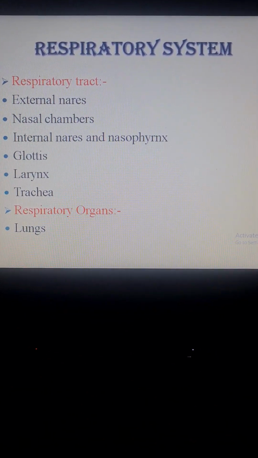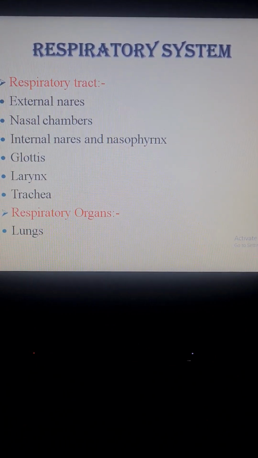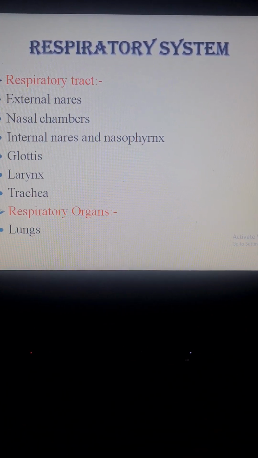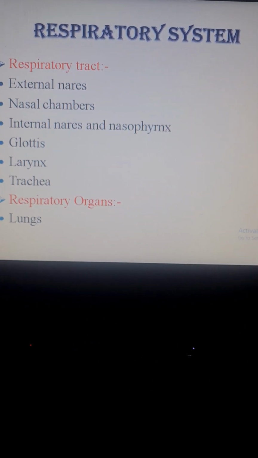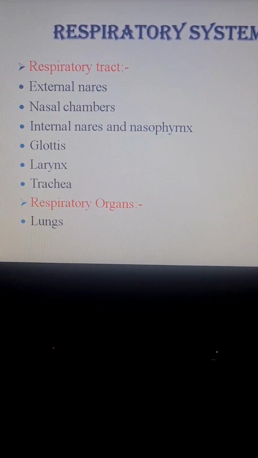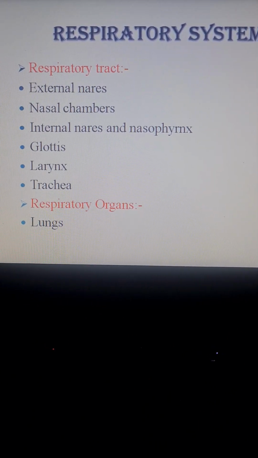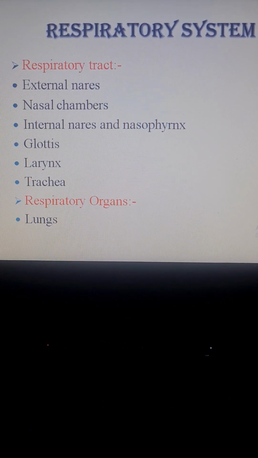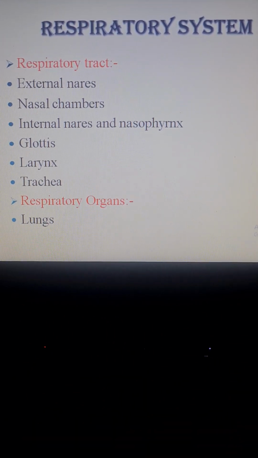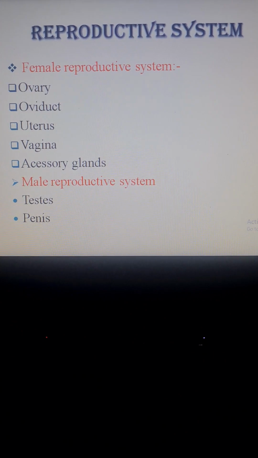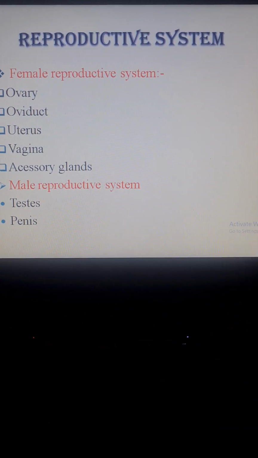The respiratory system consists of two major parts, the respiratory tract and respiratory organs. The respiratory tract contains external nares, nasal chambers, internal nares, nasopharynx, glottis, larynx, and trachea, and the respiratory organs contain lungs.